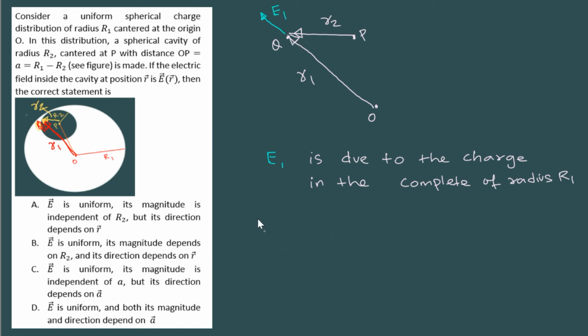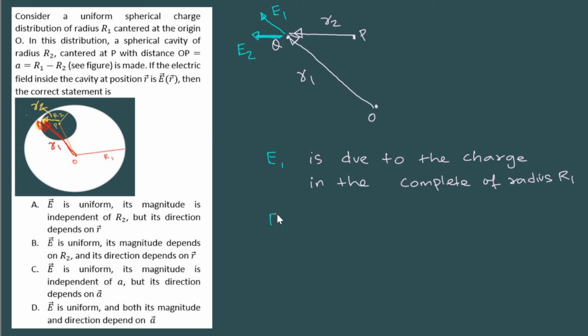Similarly, let's say before removing the charge, if I consider the charge that was present in the cavity, that would create an electric field in this direction. That is E2.